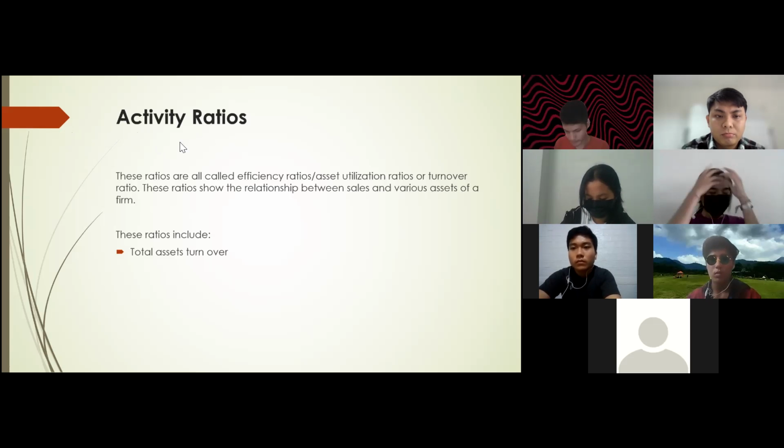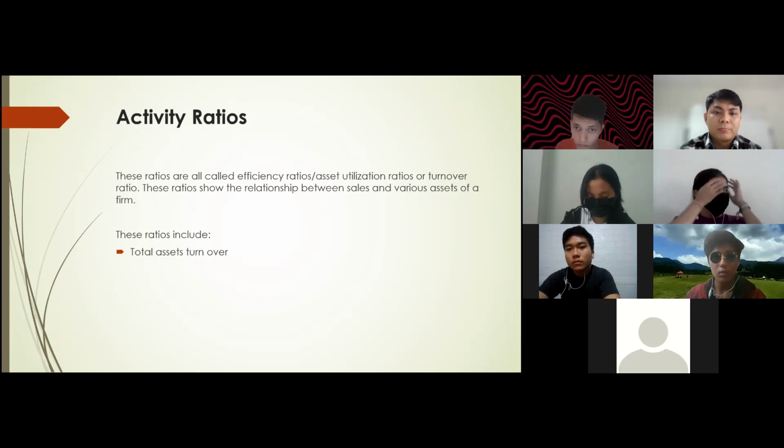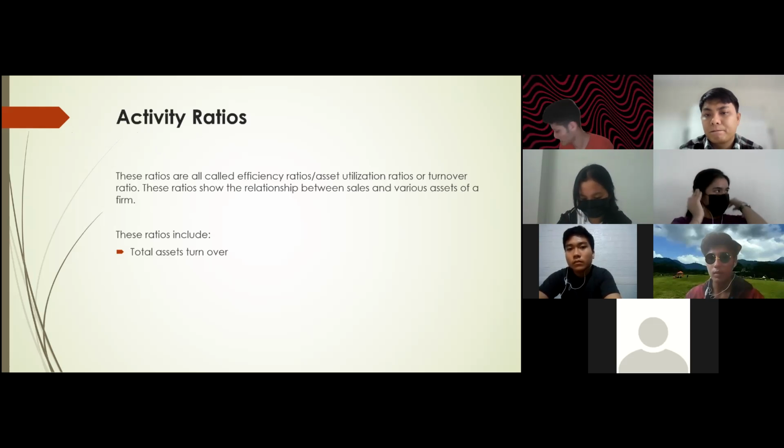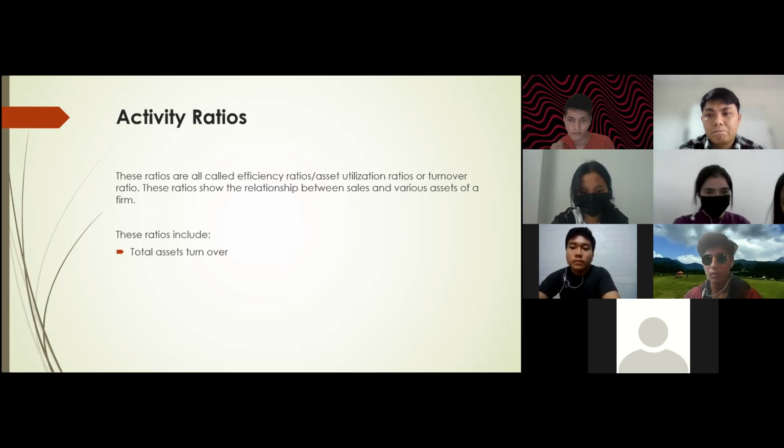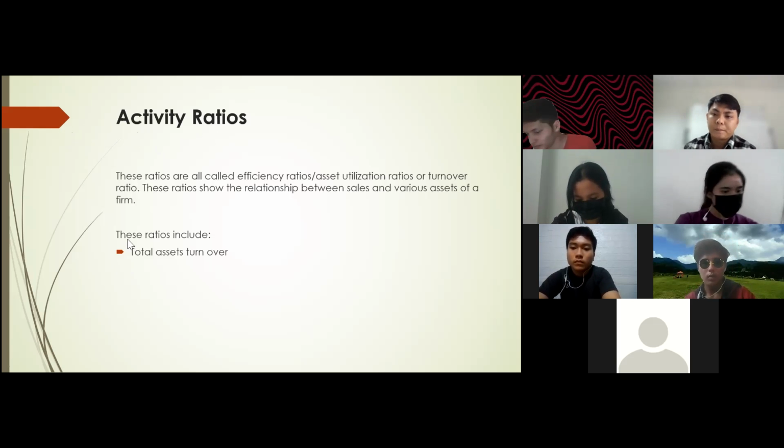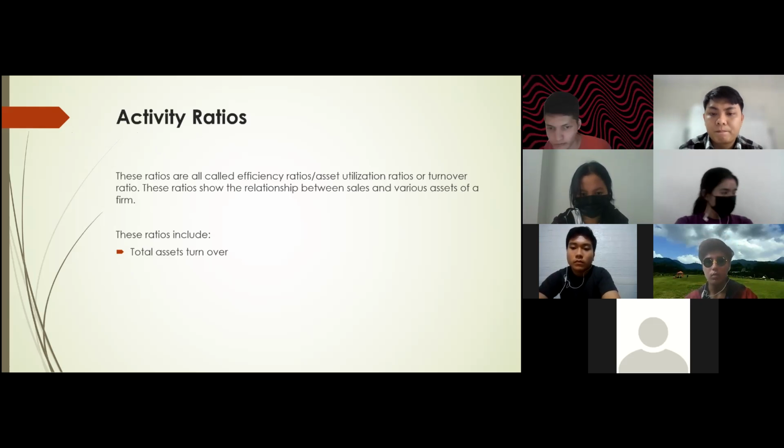These ratios are also called efficiency ratios, asset utilization ratios, or turnover ratios. These ratios show the relationship between sales and various assets of a firm. They include total asset turnover, which is the only one related ratio.